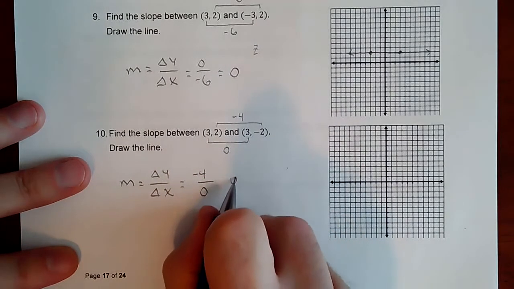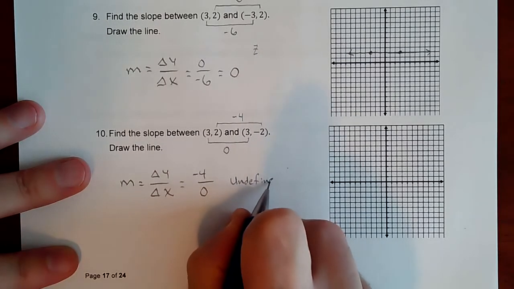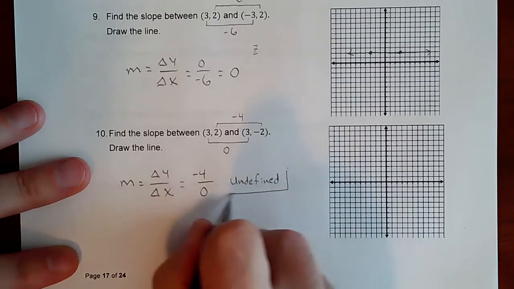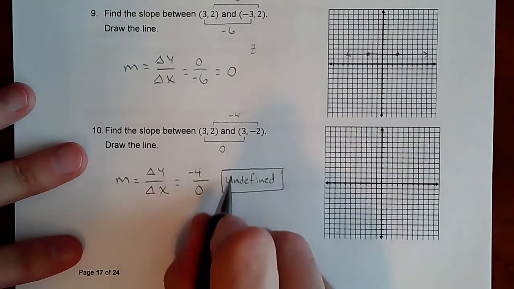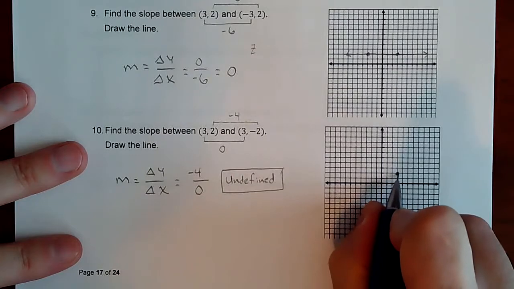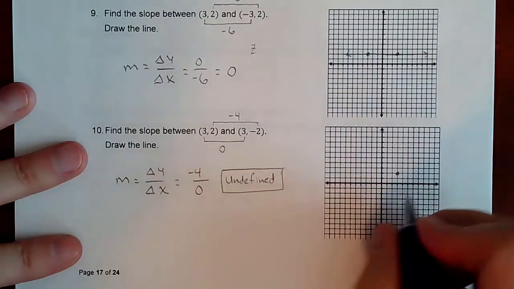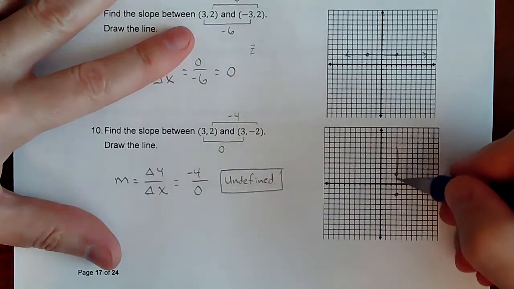So that is an undefined slope. So when they ask, what is the slope? Your answer is actually undefined. Can't divide by 0, but visually it makes a vertical line. So we're at 3, 2 for this one, 3, -2 for this one, and it makes a vertical line.